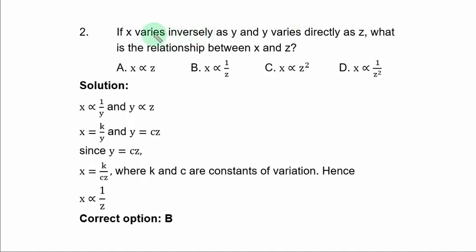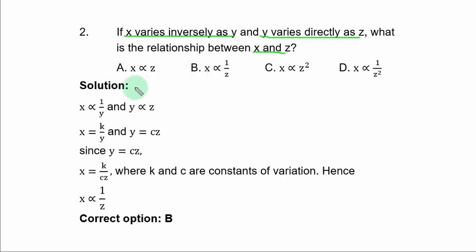Question 2, if S varies inversely as Y and Y varies directly as Z, what is the relationship between S and Z?